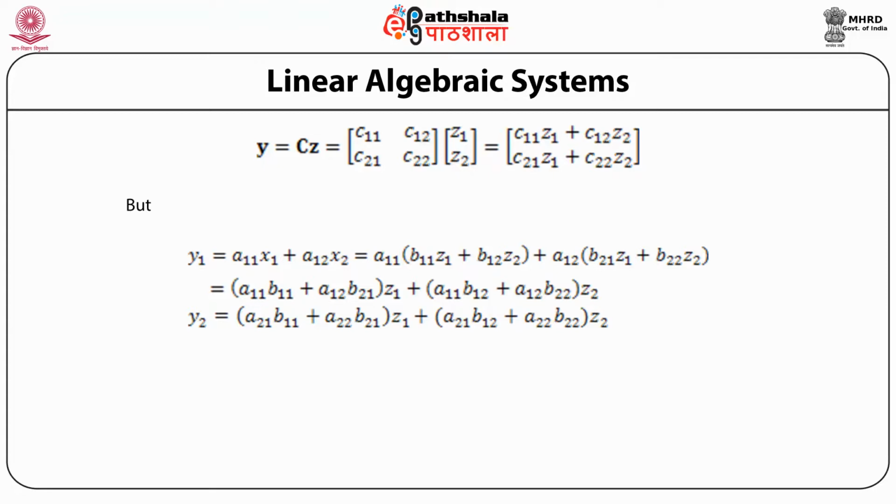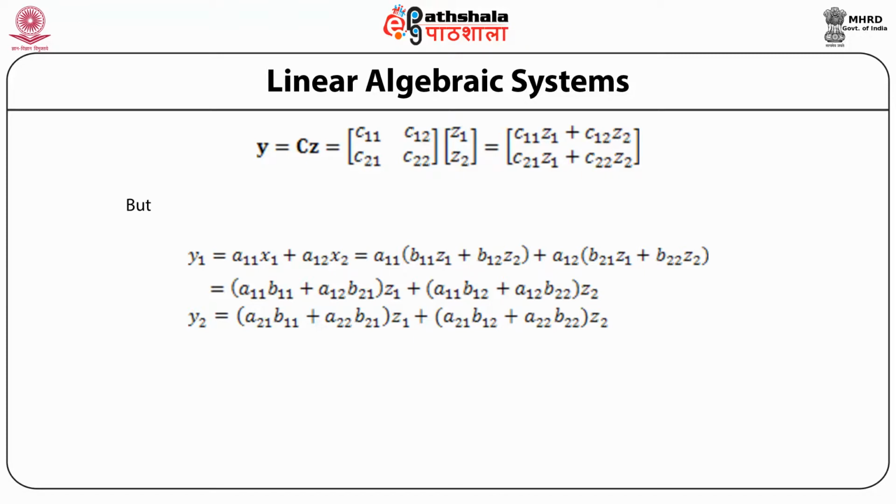But Y1 is equal to A11 X1 plus A12 X2, which equals A11 into, now substituting the values of X1, X2, so we have Y1 is equal to A11 into B11 Z1 plus B12 Z2, plus A12 into, within the brackets, B21 Z1 plus B22 Z2, which equals A11 B11 plus A12 B21 into Z1 plus A11 B12 plus A12 into B22 into Z2.